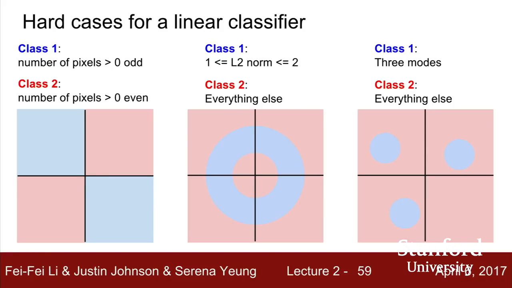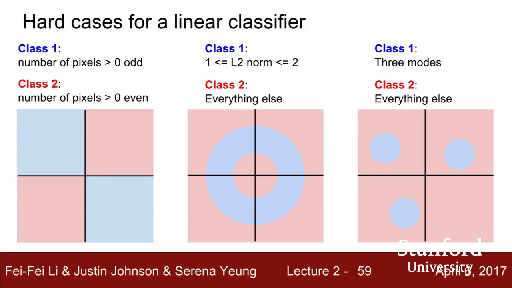Other situations where a linear classifier really struggles are multimodal situations. Here on the right, maybe our blue category has these 3 different islands where the blue category lives, and then everything else is some other category.